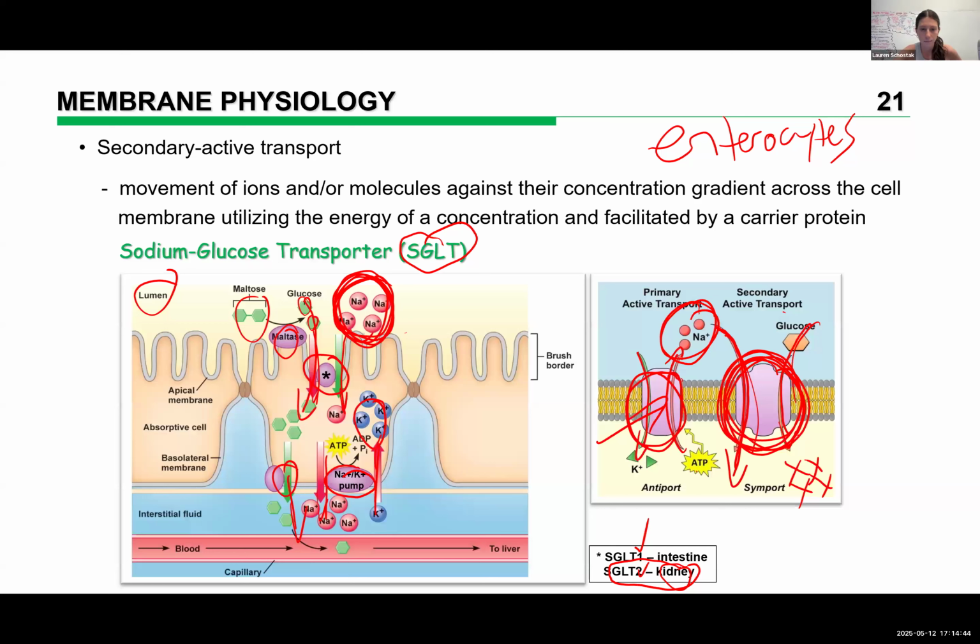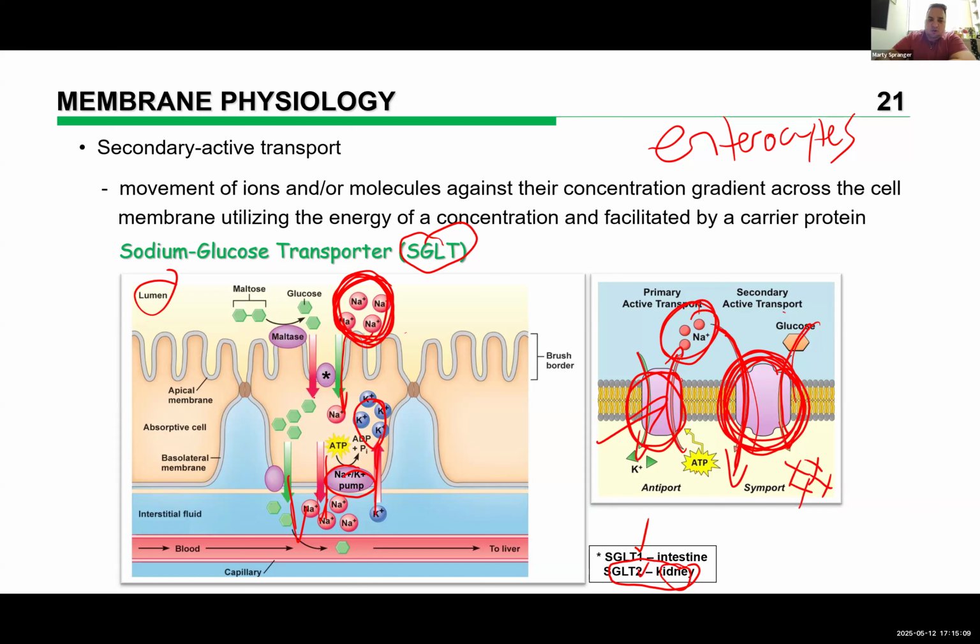So this might be a silly question, but I understood everything up to why glucose is dependent on sodium. If the concentration gradient inside the cell is higher, why are they dependent on each other?